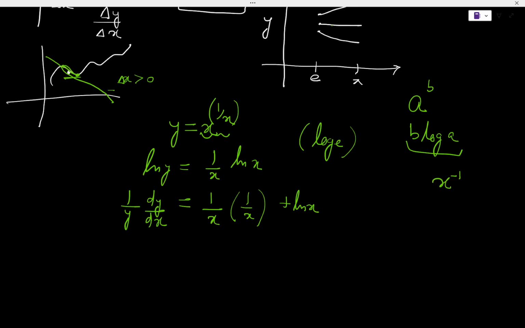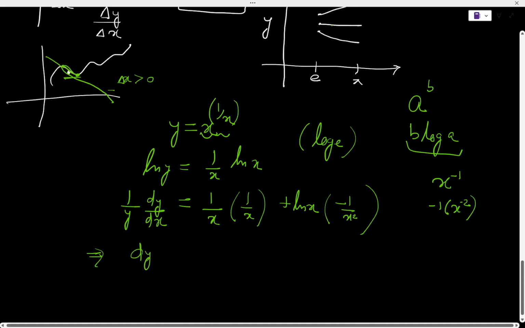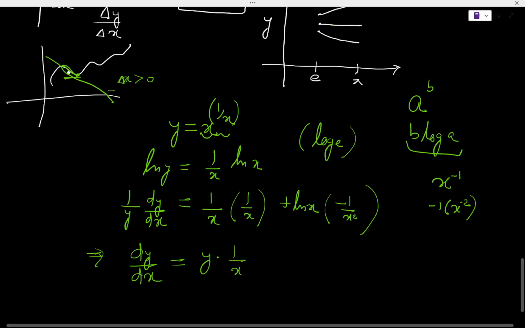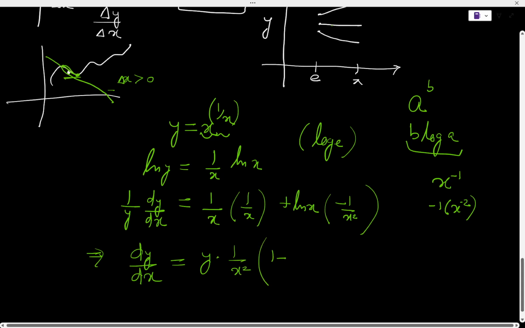We can use n x to the power n minus 1. That gives me minus 1 multiplied with x to the power minus 2, which is basically minus 1 upon x squared. So finally I get the derivative of the given function, dy upon dx, as y multiplied with 1 upon x squared common, 1 minus ln x.